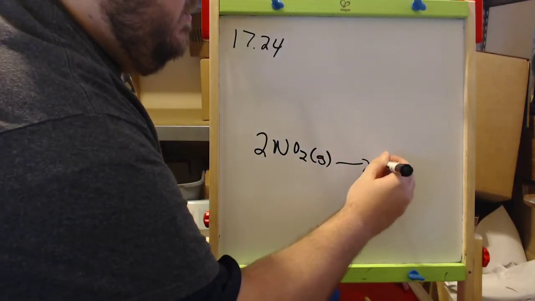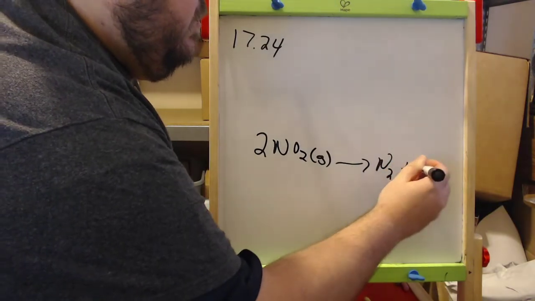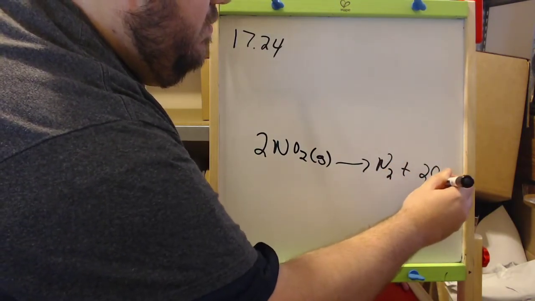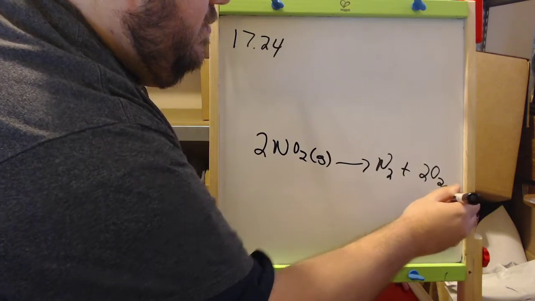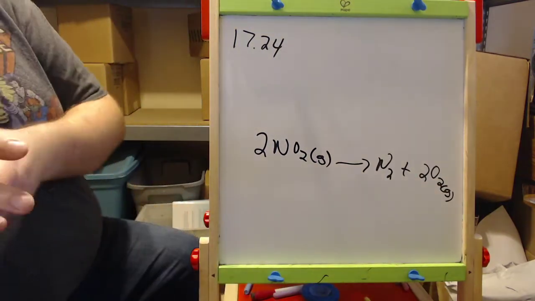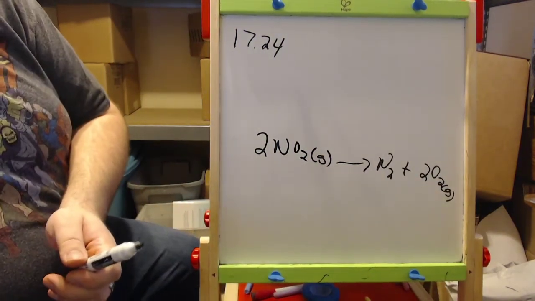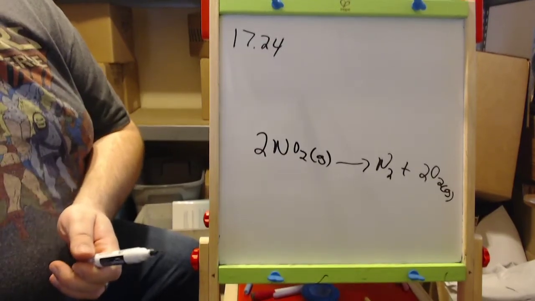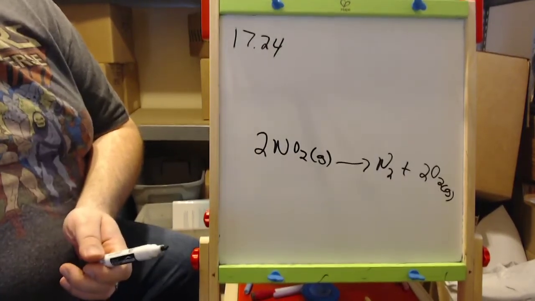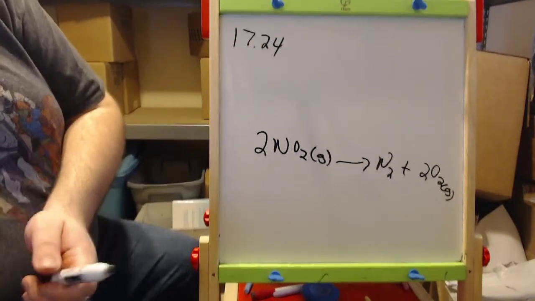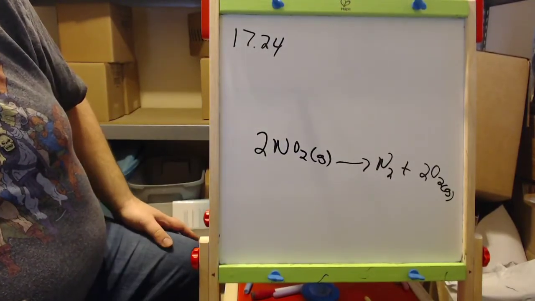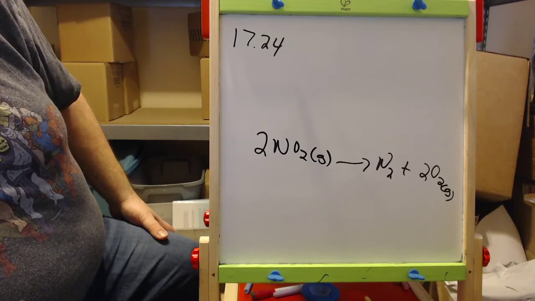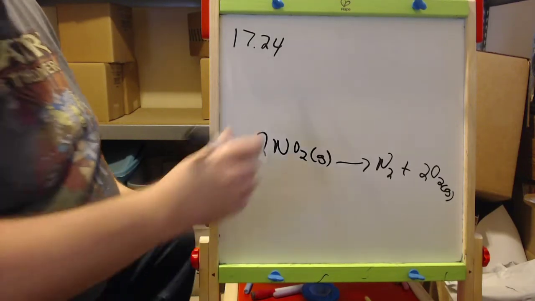And they give you a couple of equations, I should say. Using the following equation: 1/2 N2 plus 1/2 O2 yields NO.